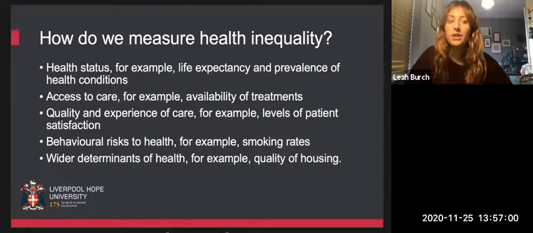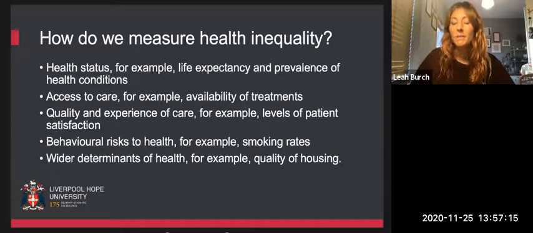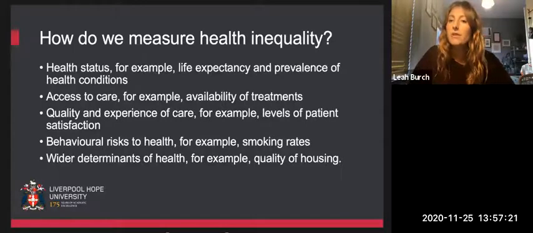In addition, we can look at behavioural risks to health through smoking, alcohol, drug taking, obesity, the types of food that we eat. And again, we can investigate relationships between who is engaging in these kinds of risky behaviours. But also importantly, what are the reasons for engaging within those behaviours?